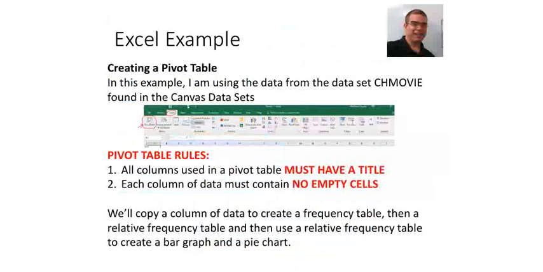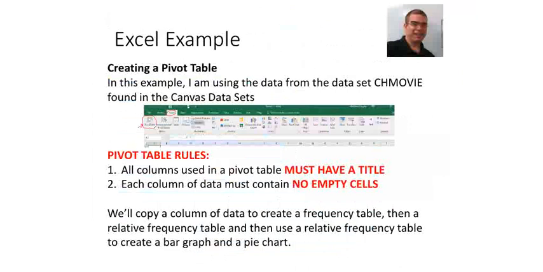I'm going to show you how to create what's called a pivot table. If you've never used a pivot table, this is a quick and easy way to create a graph, a data table, a relative frequency table, a frequency table, any of that, in order to get some information out of this, a good visual representation. So I'm going to show you how this works.